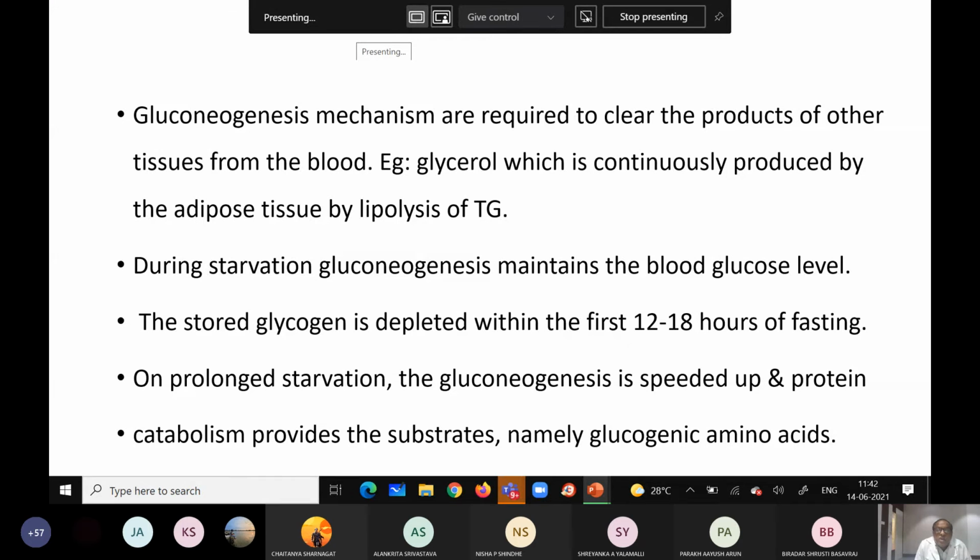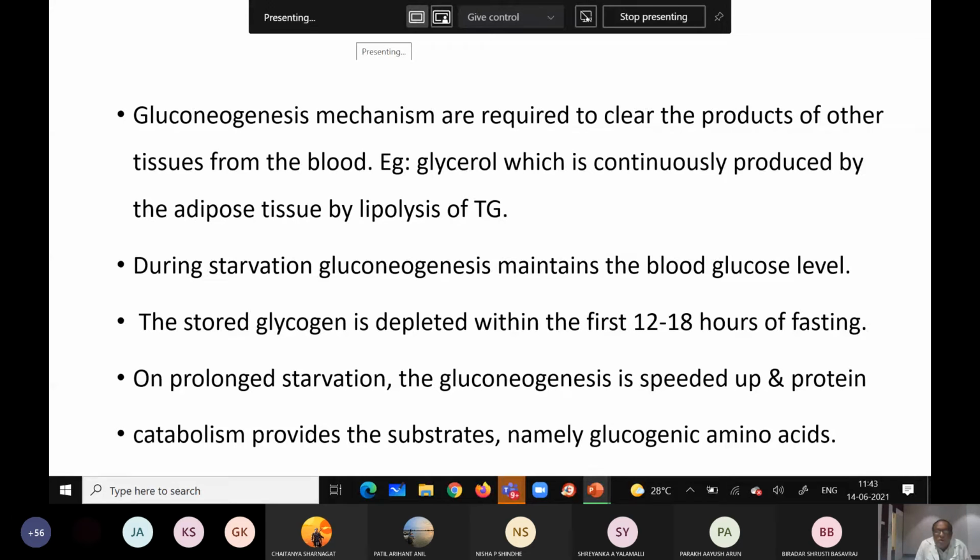And during starvation, gluconeogenesis maintains the blood glucose level. When there is no supply and the person is starving, the stored glycogen is depleted in 12 to 18 hours.